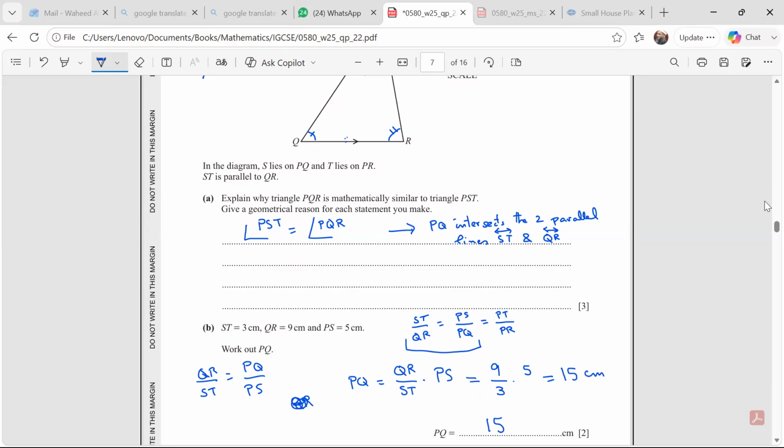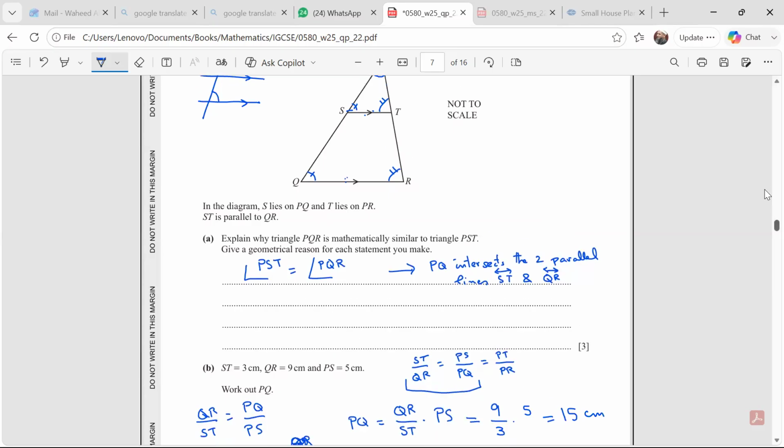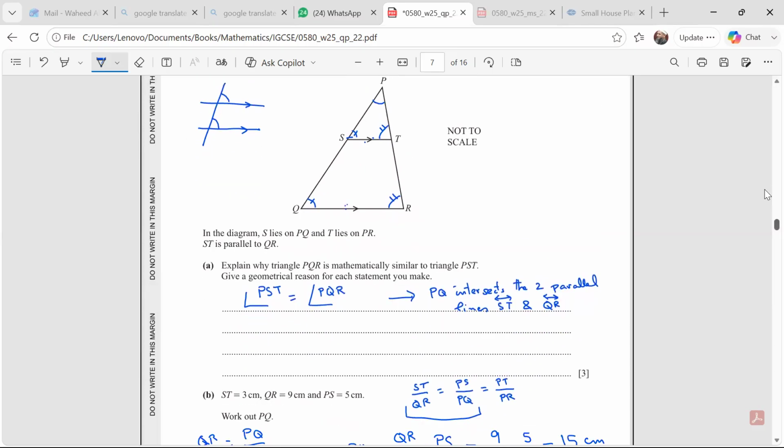Okay, you can do it without any such calculation. You see what is given over here: ST is 3 and QR is 9.